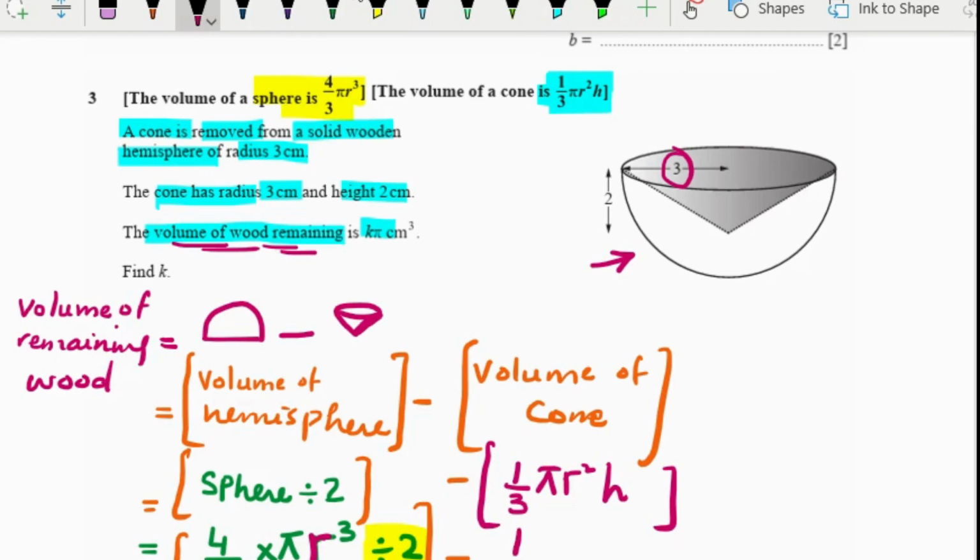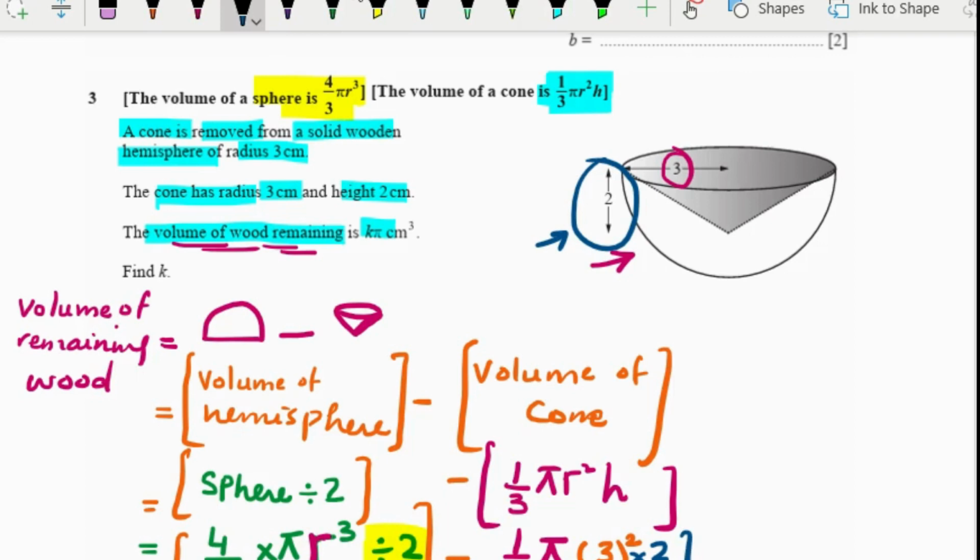And here I need to put r and h of the cone. What is the r of cone? That is also 3. And what is the height of cone? It is given. Look at the question or picture and you will get the value of h. That is 2.